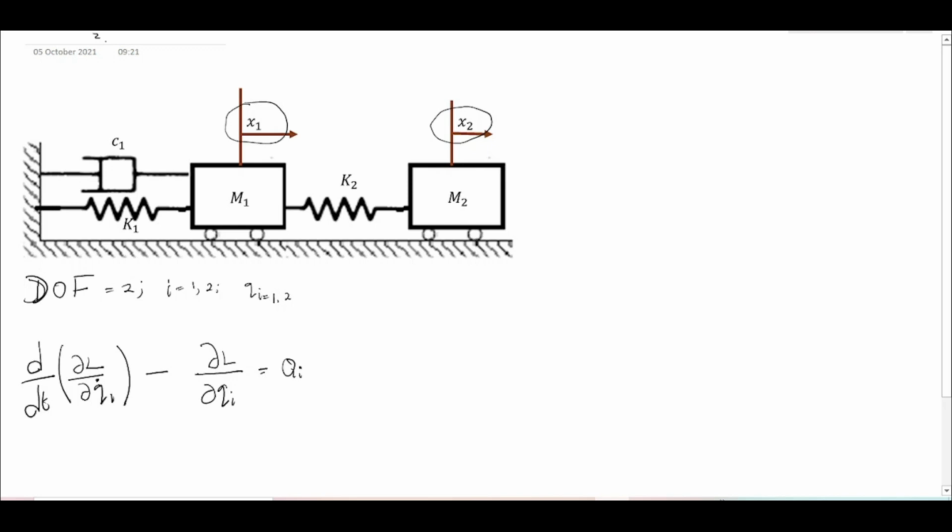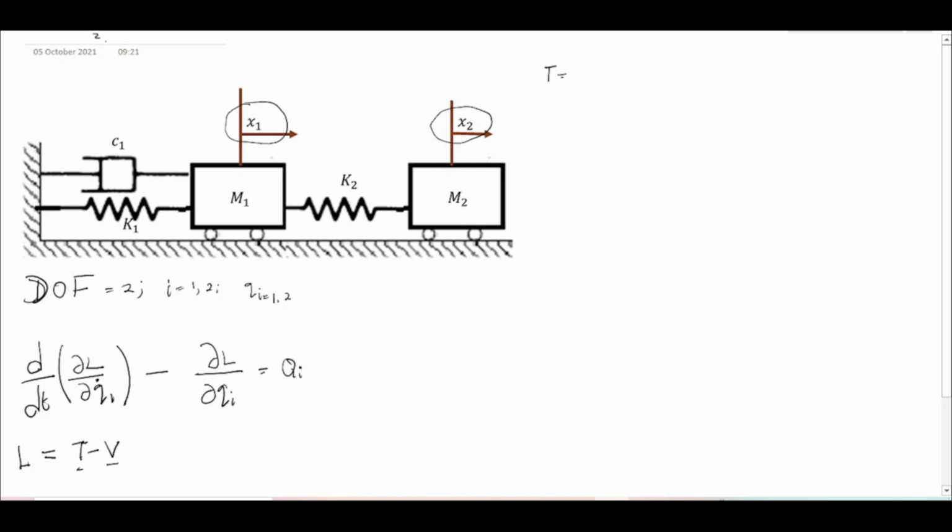Our first struggle then becomes, what is our L? I know that L is equal to T minus V. As a result, we need to find what T is, the total kinetic energy, and the value of the total potential energy, V.